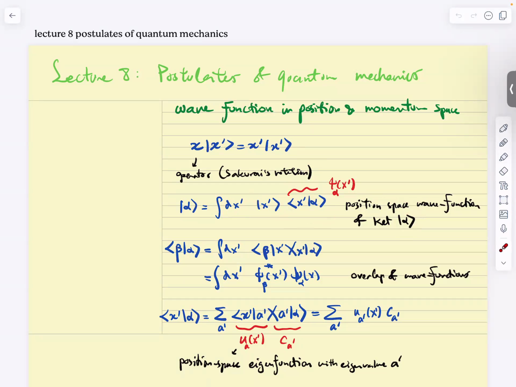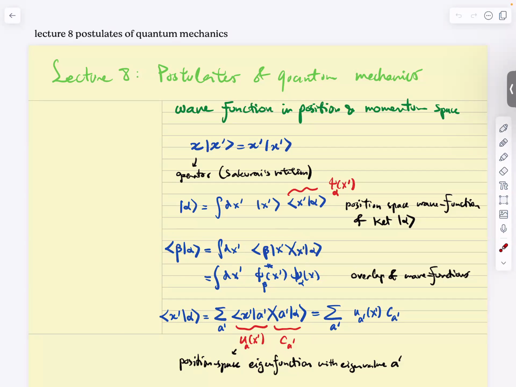If you calculate the bracket of beta and alpha, you can do that by inserting a resolution of identity in the middle, and then you find that the bracket of beta and alpha becomes an integral over x prime of psi beta star of x prime psi alpha of x prime. So now this should become clear, or at least it can connect with the function way of thinking about quantum mechanics you might have learned about in your undergrad courses, right?